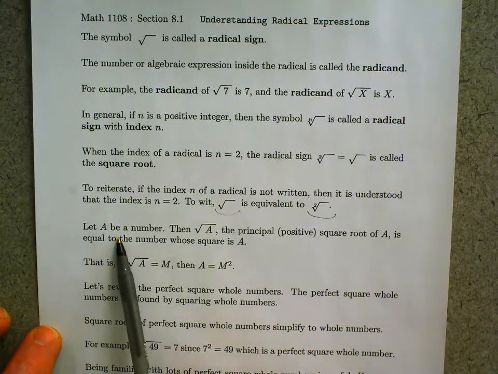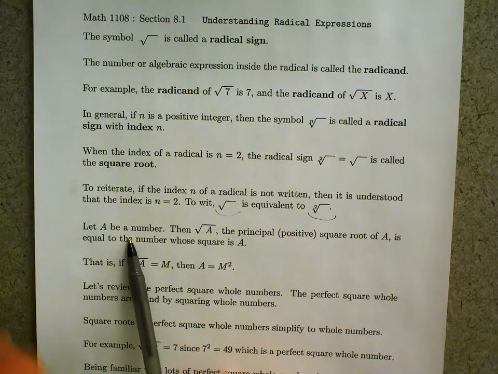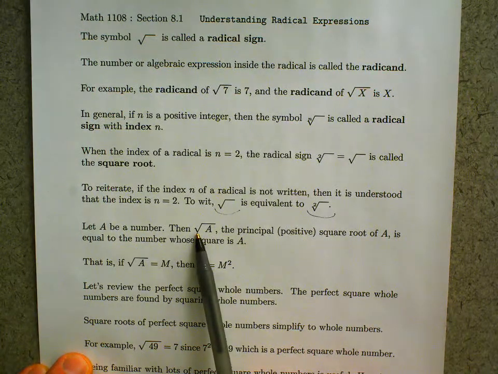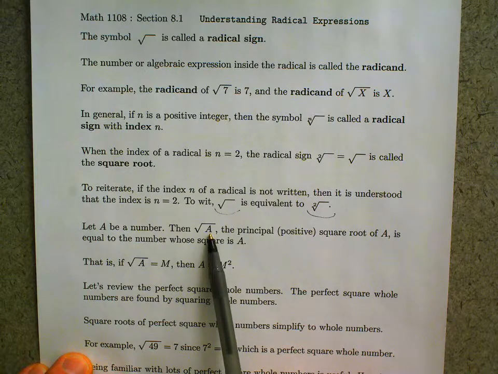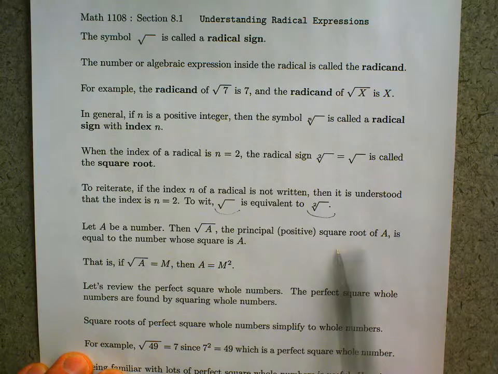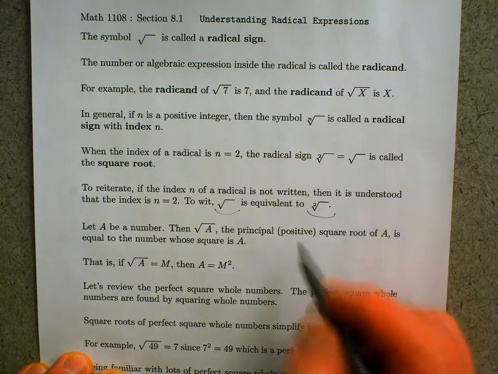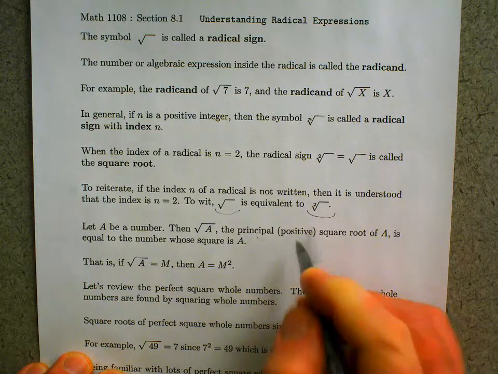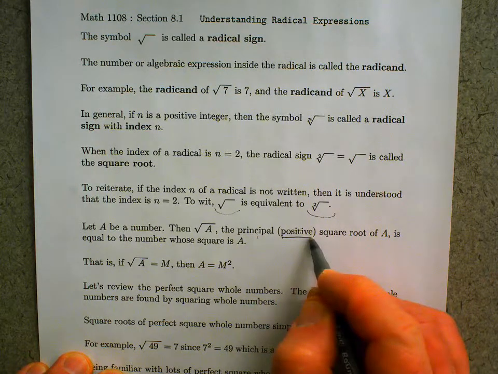Okay, if we let a be a number, then the radical with index 2 and radicand a is referred to as the principal square root of a. You can think of the principal square root of a as the positive square root of a.